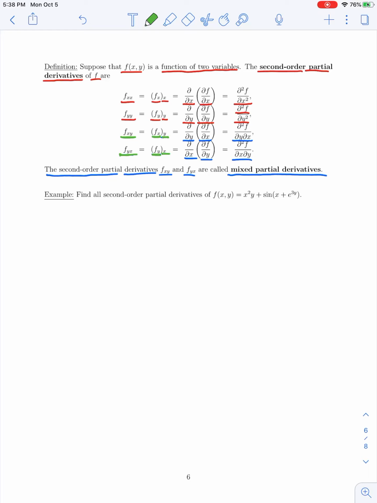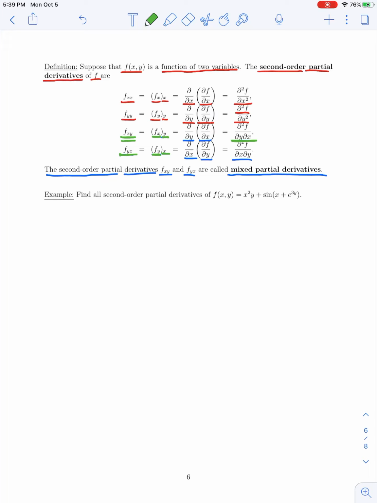However, if we're using this Leibniz notation, notice that the order that we've written this was as del squared f del y del x. However, that is used to denote differentiation first with respect to x and then with respect to y.